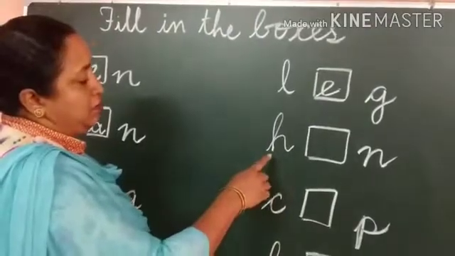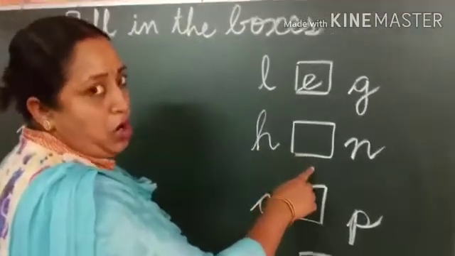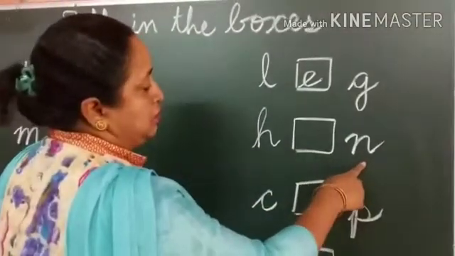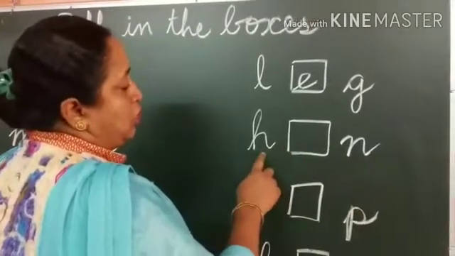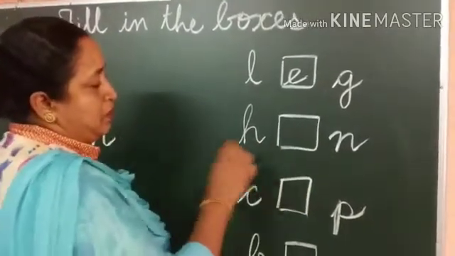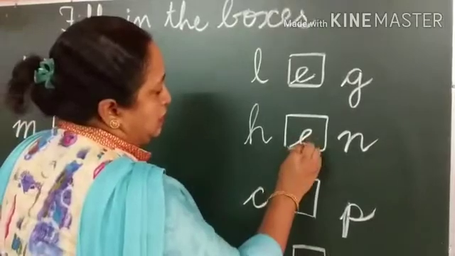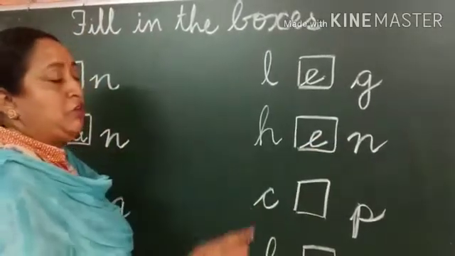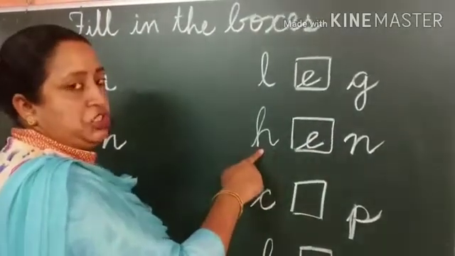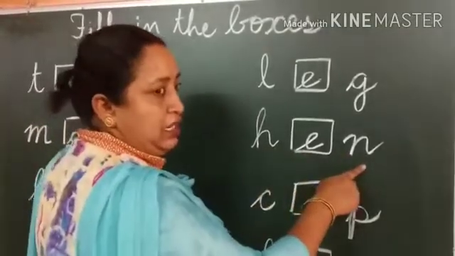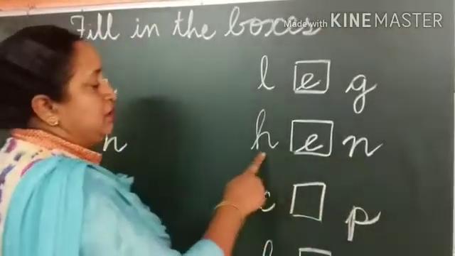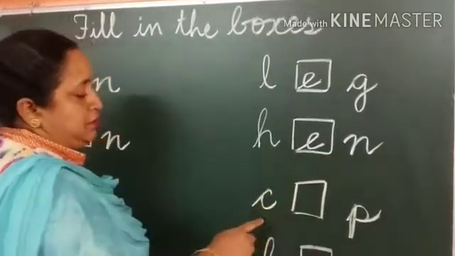Next I have H, box, N. What will this become? I am going to put an E. Now read this. H, E, N, hen. This becomes hen.